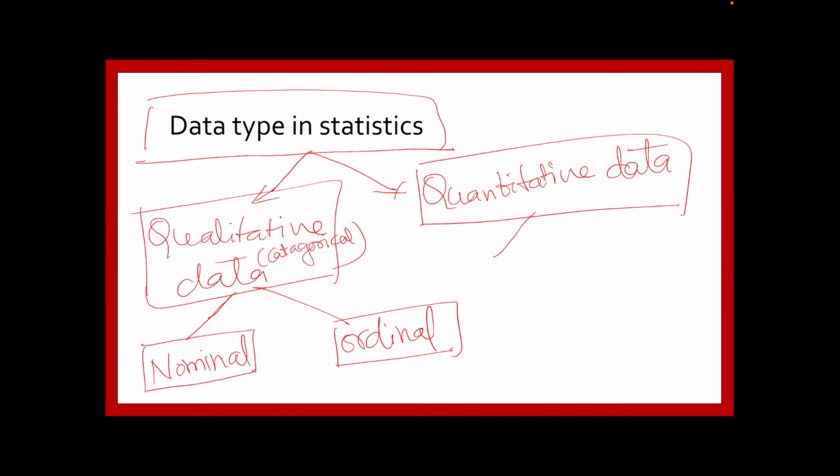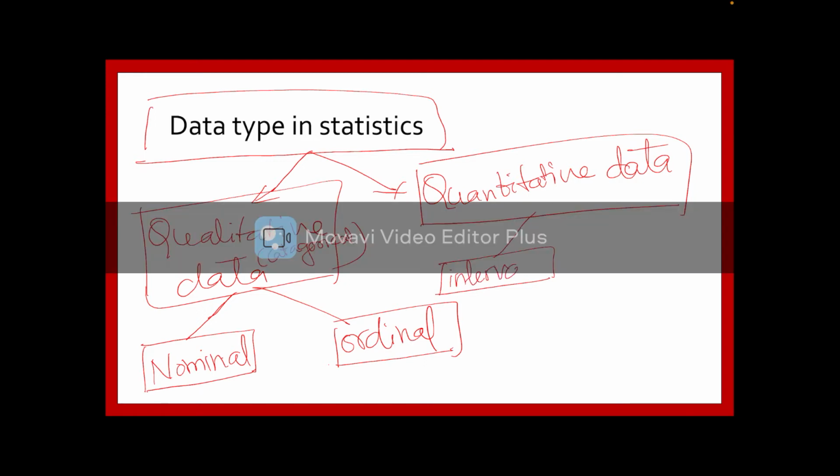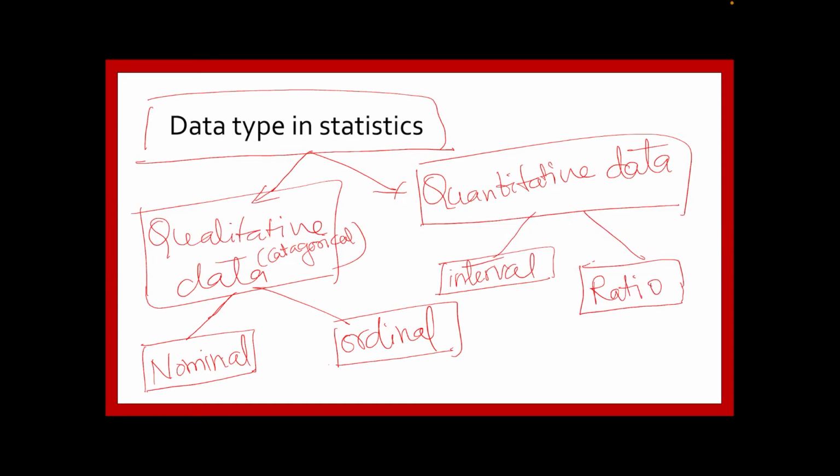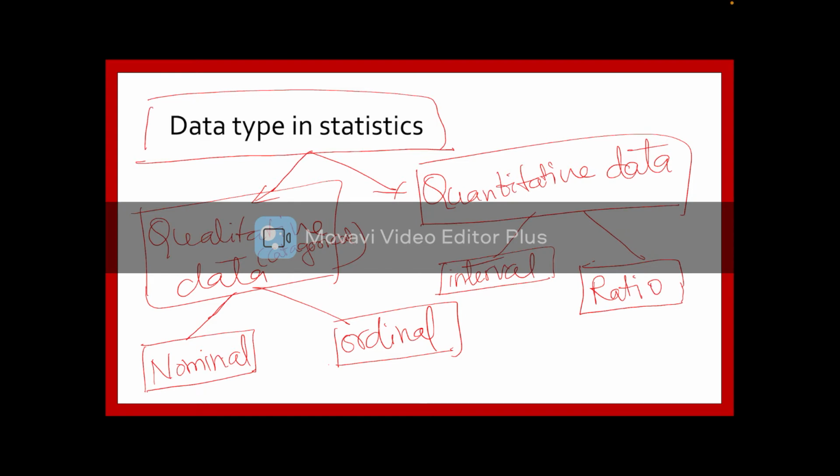Quantitative data can be in interval or ratio form. The major thing is what is the difference between interval and ratio. For interval data, we can only calculate the difference between two data points, but in ratio data we can compare them, we can take the ratio of them.